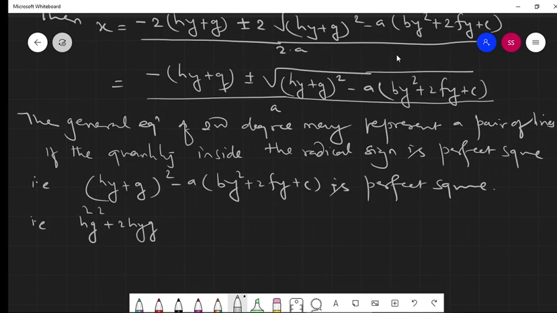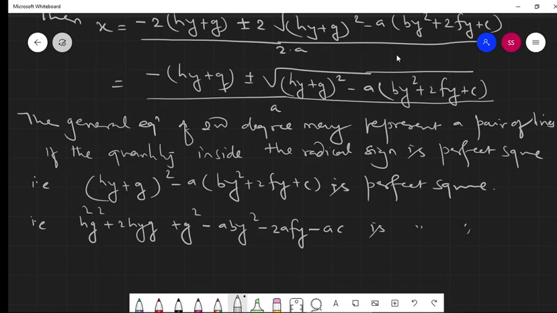Just as I have opened this bracket, that should be a perfect square. This is y square, h square y square is this, 2hgy plus g square minus this.